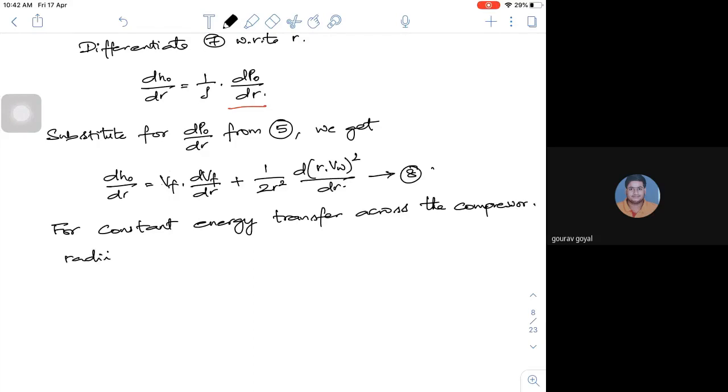If you have this particular compressor, from the axis to its casing, at each and every point, if there is a constant energy transfer, then for this condition your enthalpy almost remains constant. That is, enthalpy H01, H02, H03 from the radius at each and every point is equal to 0.